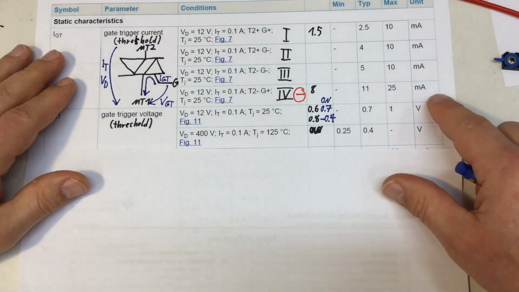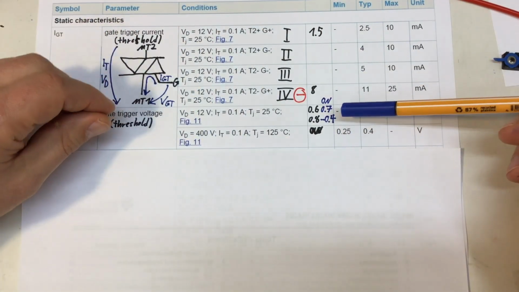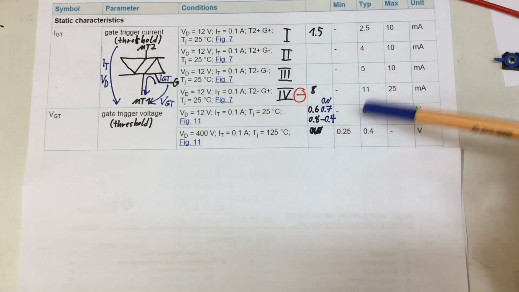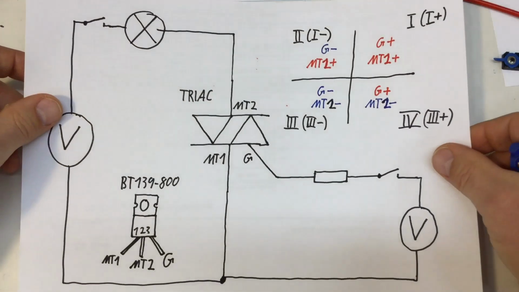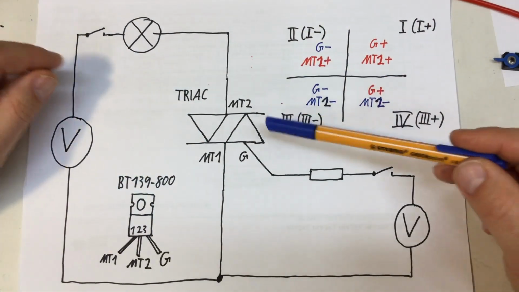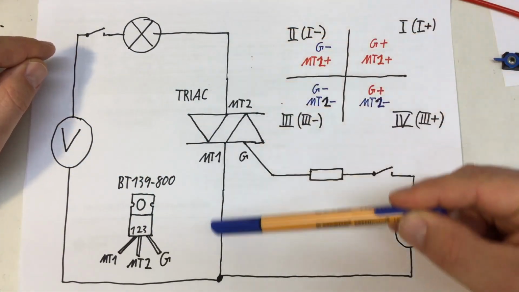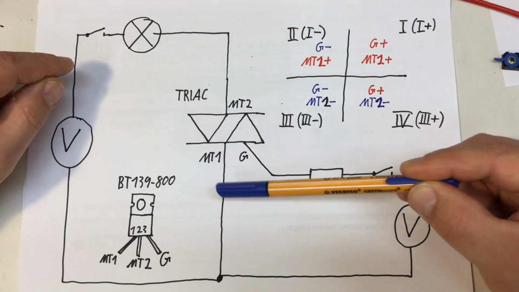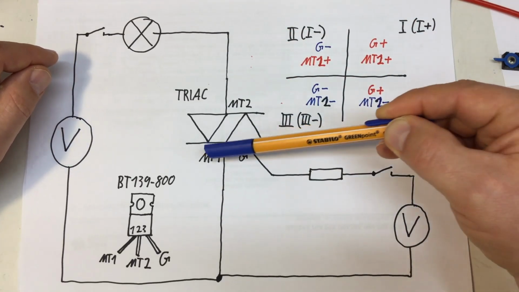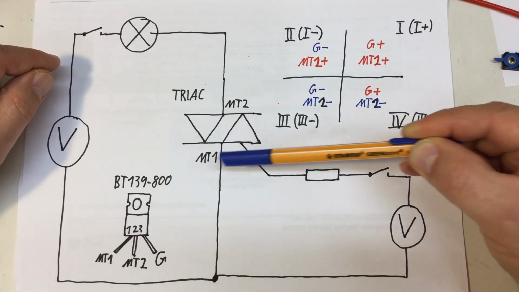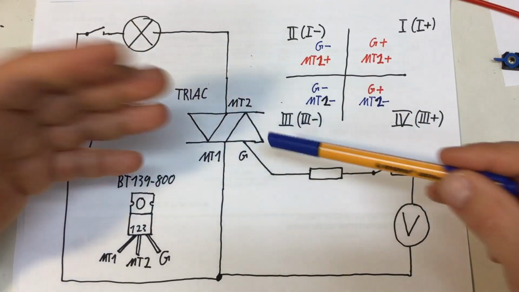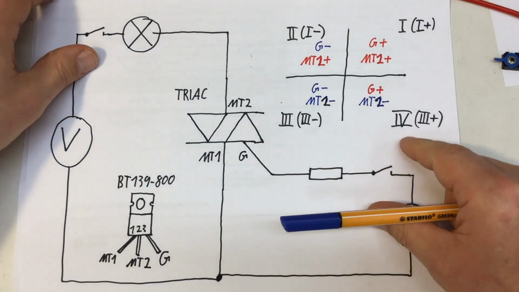Also here on the internet, when explaining certain circuits with TRIACs, often they say, okay, as soon as the TRIAC gets into its conductive state, gate and main terminal 1 are basically shorted out. And that's simply not true.